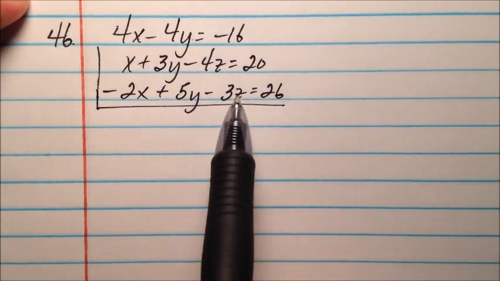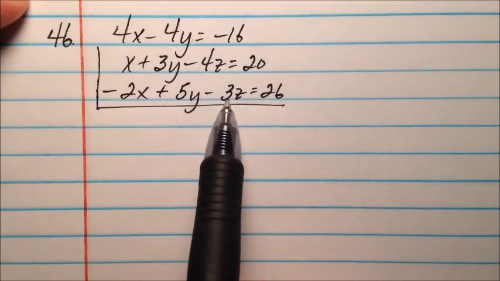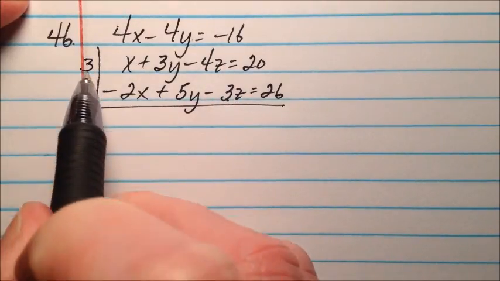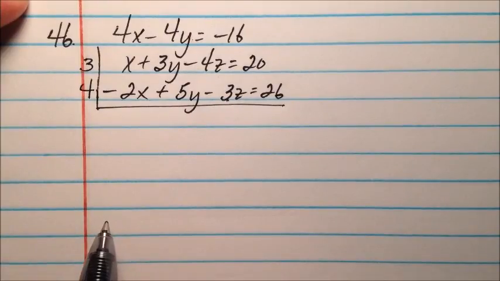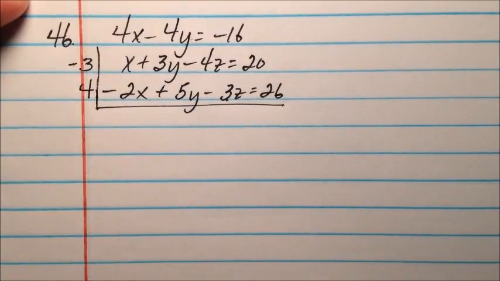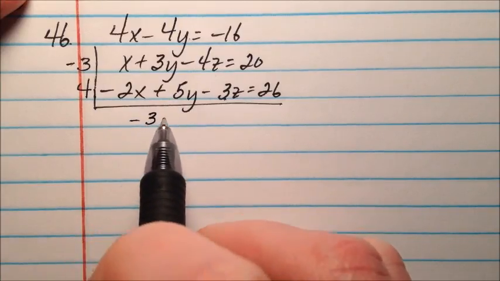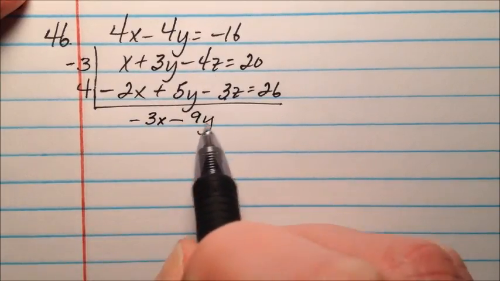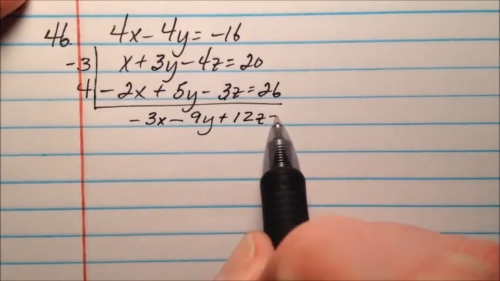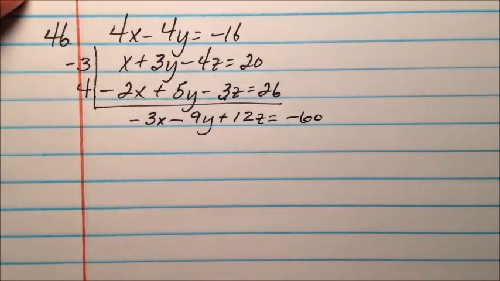Let's eliminate these z's. I have a -4 and a -3, so I'll have to flip them and go 3 and 4. And then one of them will have to be negative, so let's call it -3 up there. Let's distribute that. So it'll be -3x - 9y + 12z = -60.